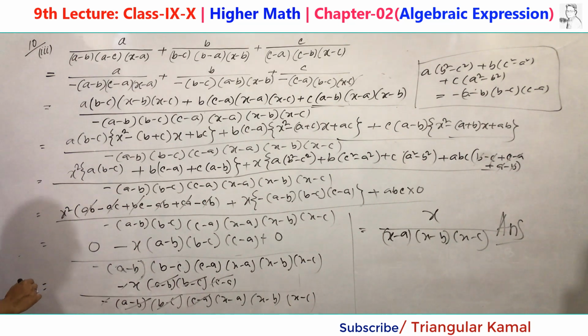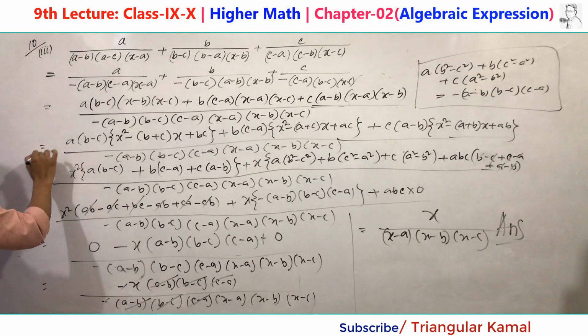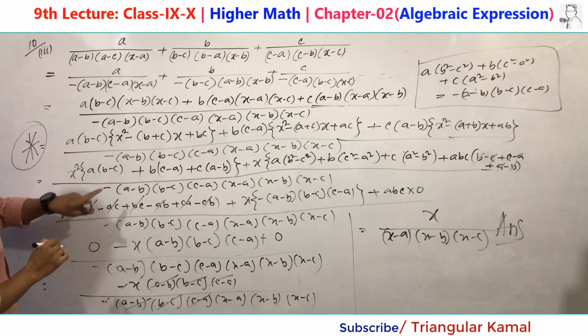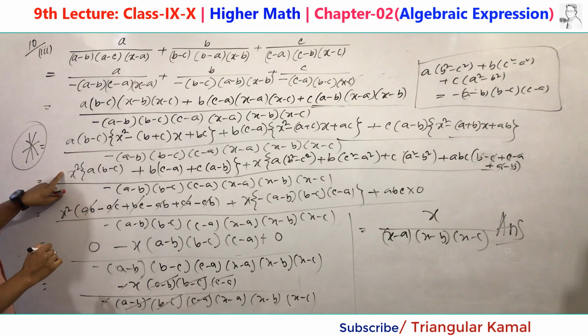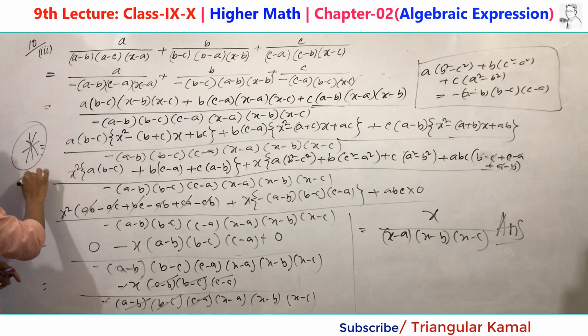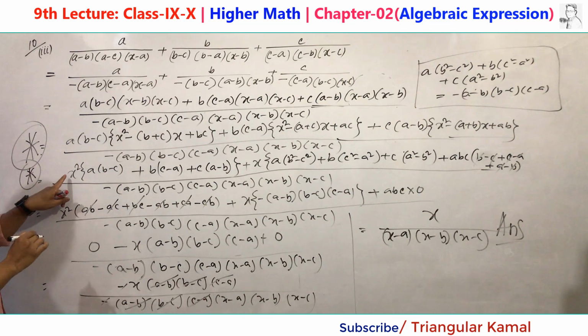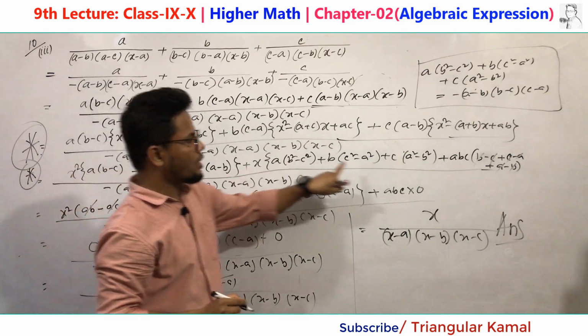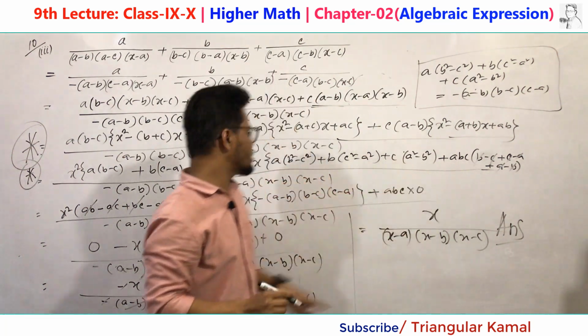Just give attention to the third line, which is one of the most important lines here, and how we take common x square, first, second, third, fourth line. Just give attention to the fourth line, taking common x square part, then taking common x, and how we arranged the constant parts.